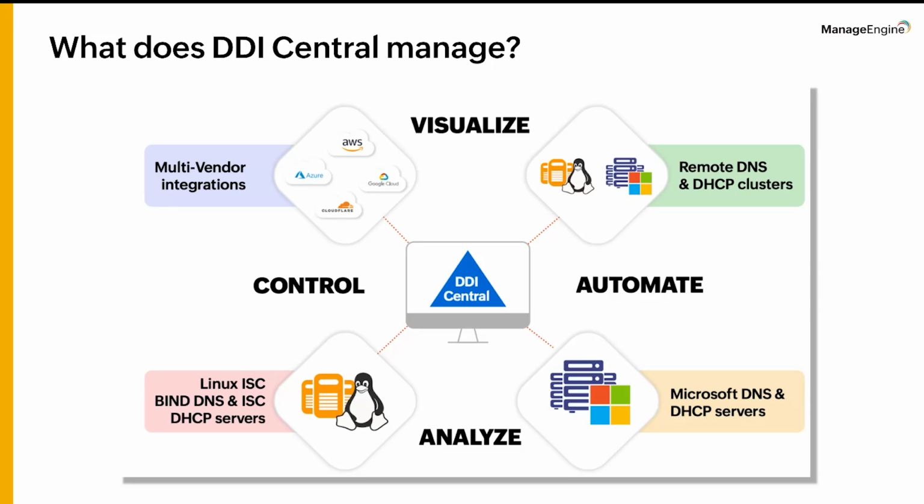All that you can just monitor. But in terms of DNS domains, there is a two-way synchronization established, so you can have direct control over your domains and records. We'll delve into that in detail in the later segments of the session.